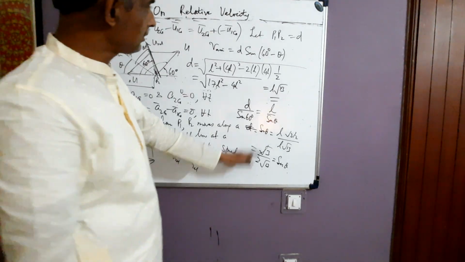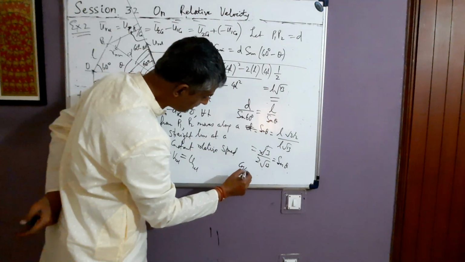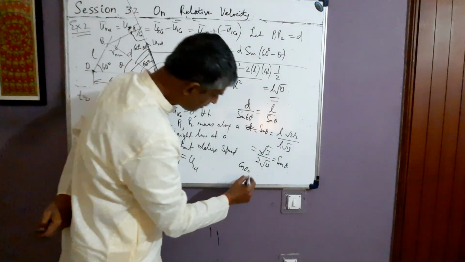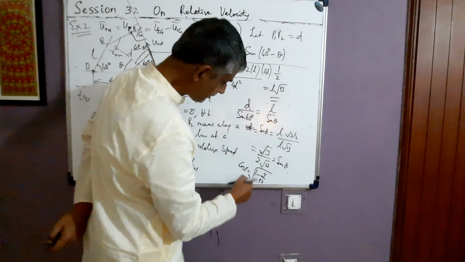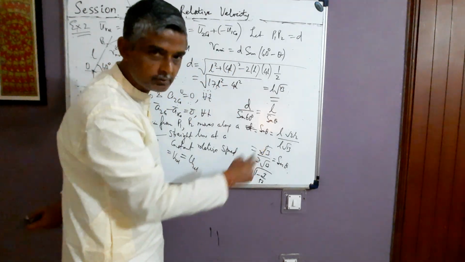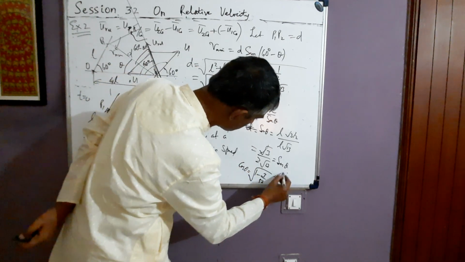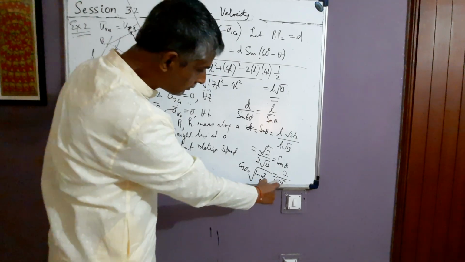So sine theta we obtain. Cos theta from trigonometry will be root under 1 minus sine square theta. So 1 minus 3 by 52. Square root of 1 minus sine square theta, 1 minus 3 by 52, is just equal to 7 by root 52. So cos theta is equal to 7 by root 52.